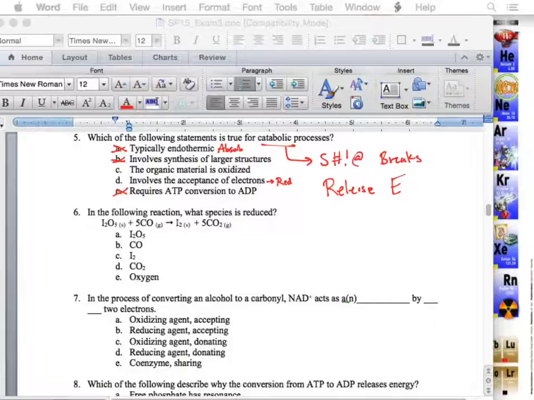So we're tearing apart glucose to make NADH. So it's catabolic, we're destroying glucose to make our NADH. What did we do to the glucose? We gave up electrons to our NAD+, which means the glucose was oxidized. I'll make sure I'm not screwing anything up.